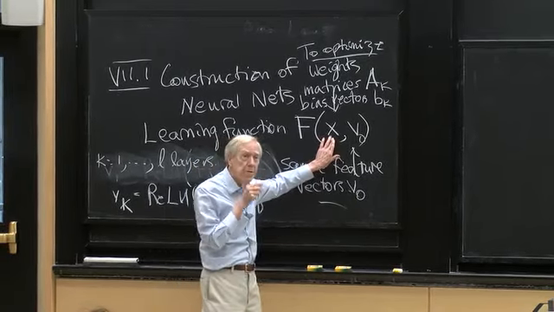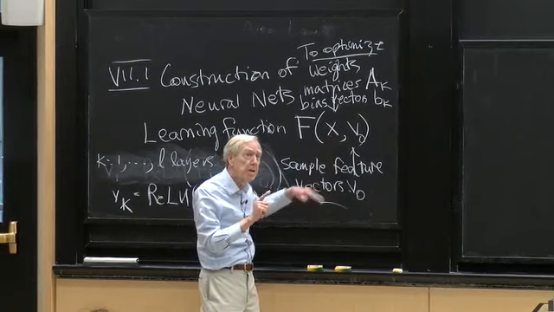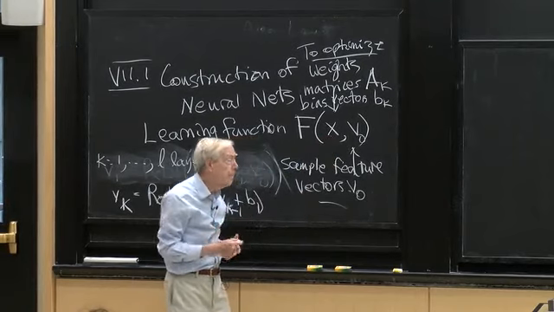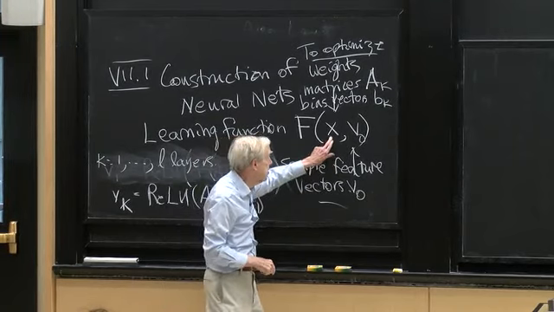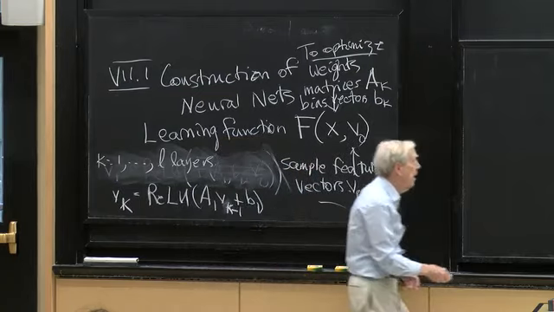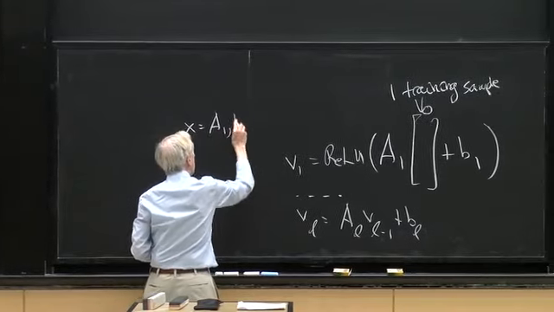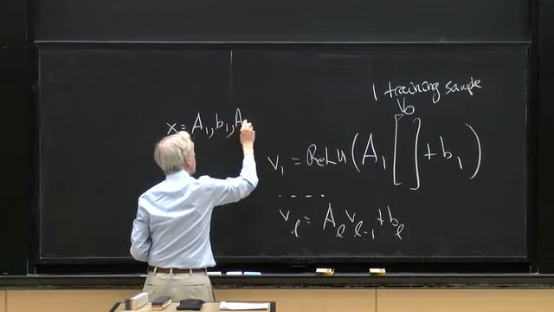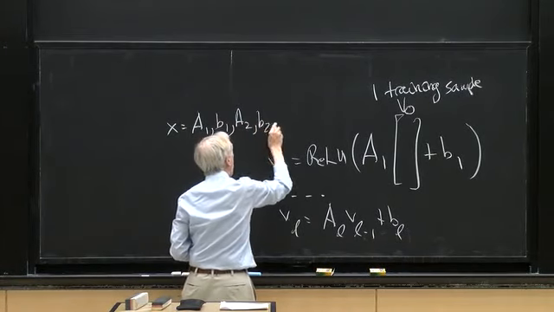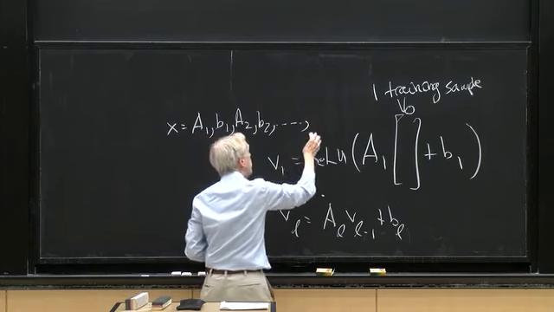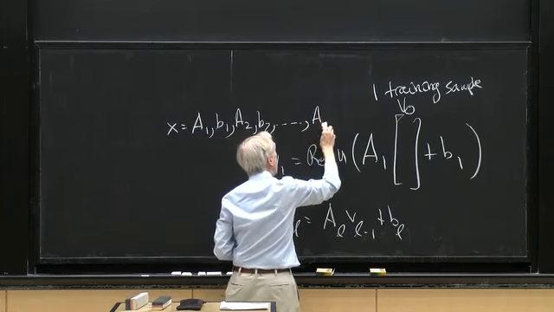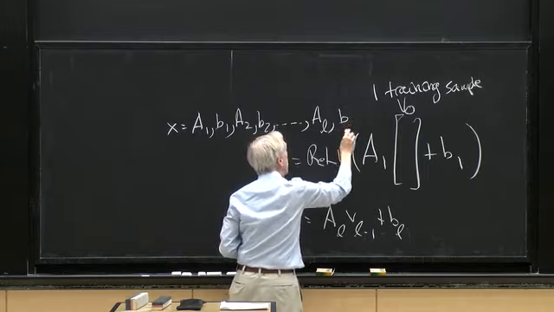That's the X in chapter 6, where you're finding the optimal weights. So this X really stands for all the weights that you compute, up to A_L, B_L.